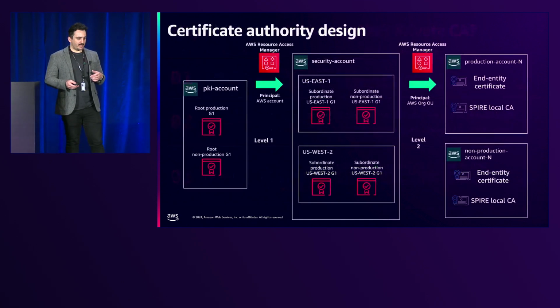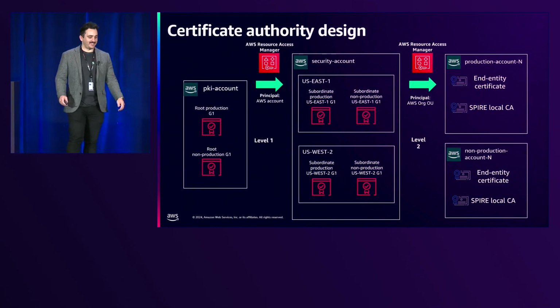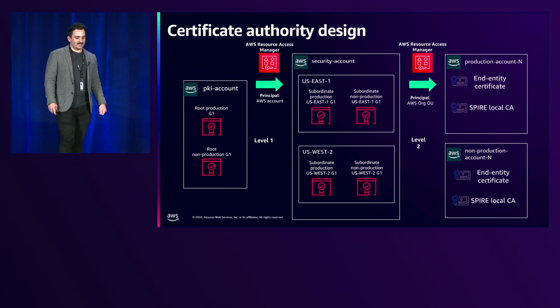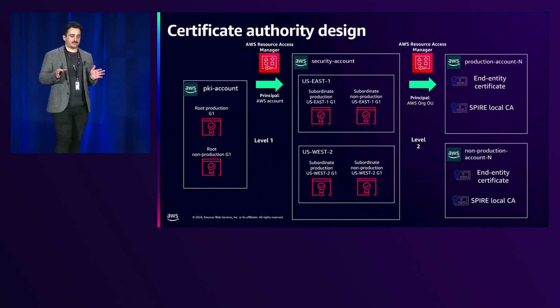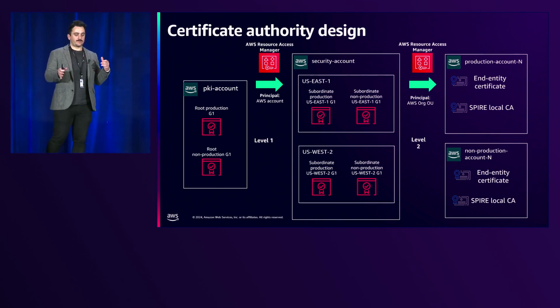So here is a reference architecture, an obfuscated reference architecture, of what we ended up building. As I alluded to, we chose to have two different CA hierarchies: one for production workloads, and the other for non-production.